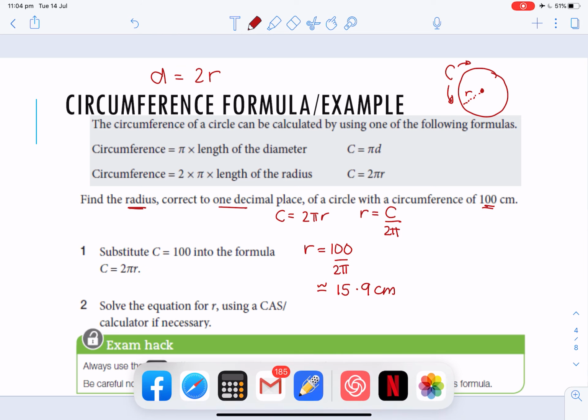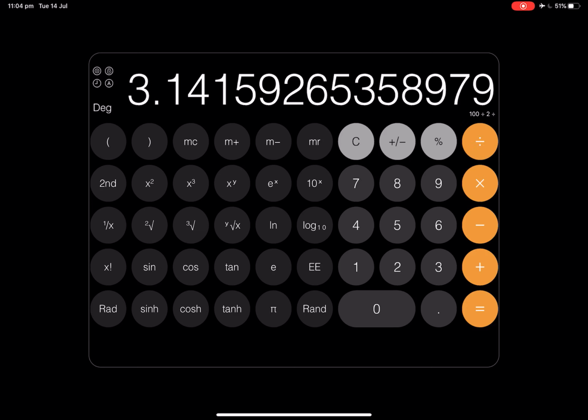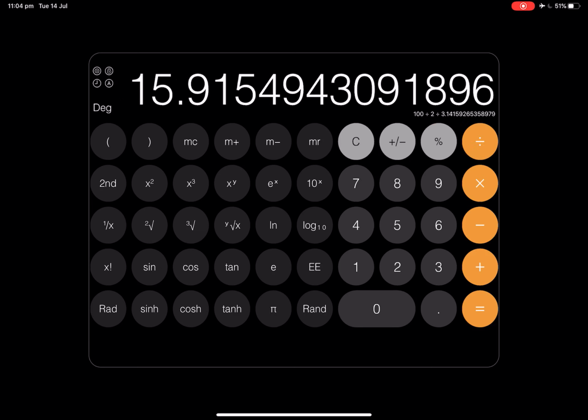I'll go and show you what to do on my calculator. Let's clear that. Do 100 divided by, now I need to divide it by 2 and by pi. So let's divide it by 2, then divide it by this pi button. I get 15.915. If I was to round that to 3.14 instead of using the pi button, and I ask you to find it to 3 decimal places, you'd end up with a completely different answer.